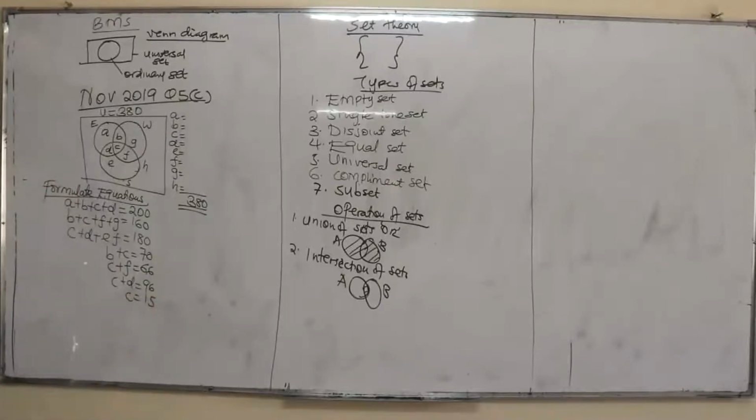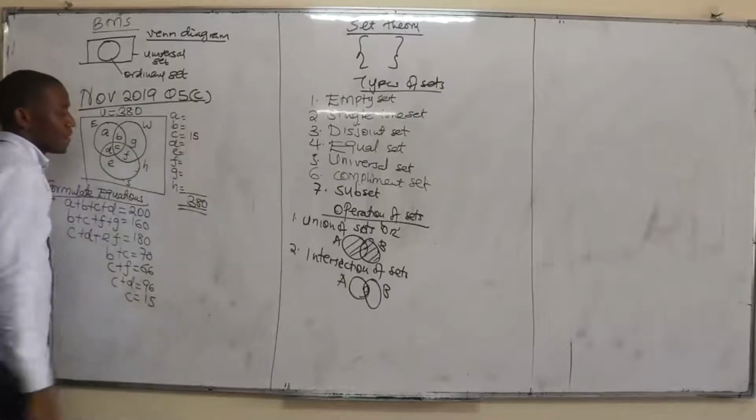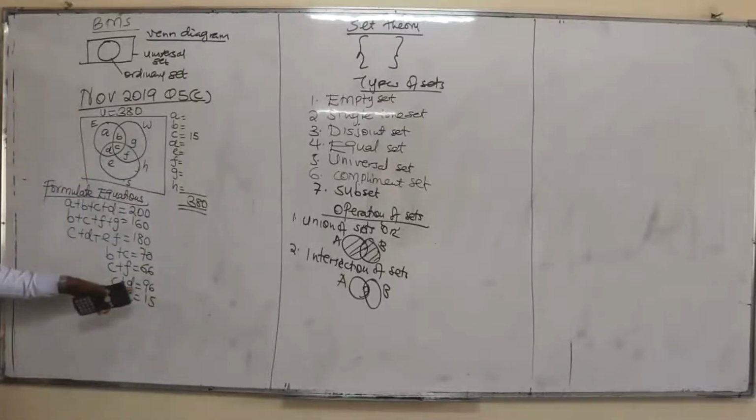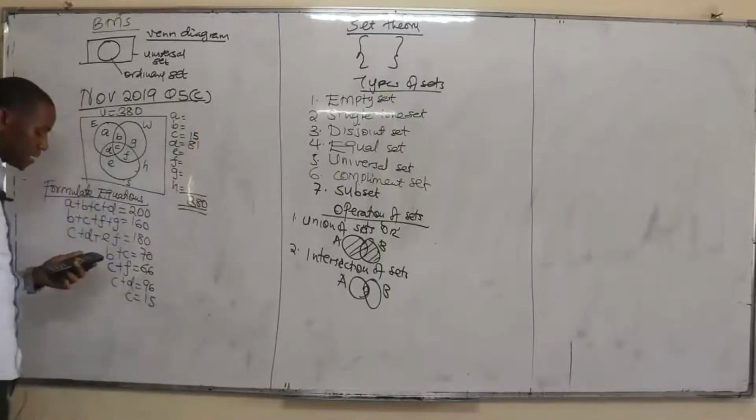So first we know C. C in this case is 15. From there we can also get D. C plus D is 96, meaning that 96 minus 15 will help us get D, and D will be 81.